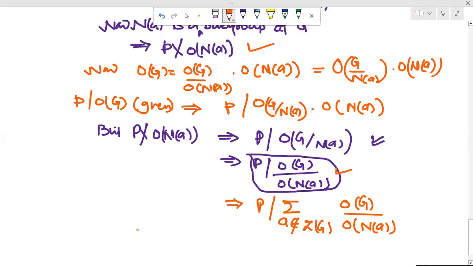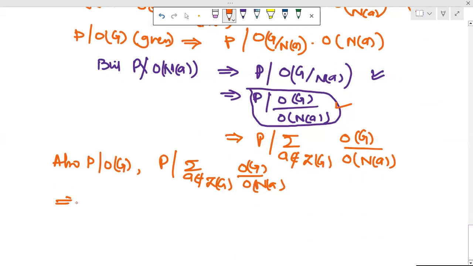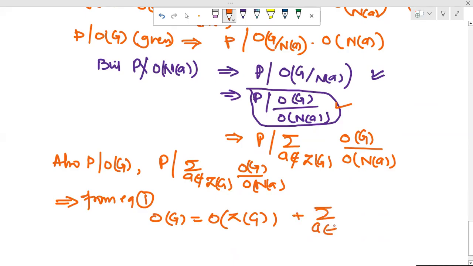P divides order of G. P divides the summation over A not belonging to Z(G) of order of G by order of N(A). This means, from equation 1, order of G is equal to order of Z(G) plus the summation over A not belonging to Z(G) of order of G by order of N(A).